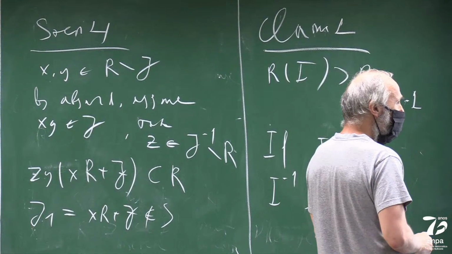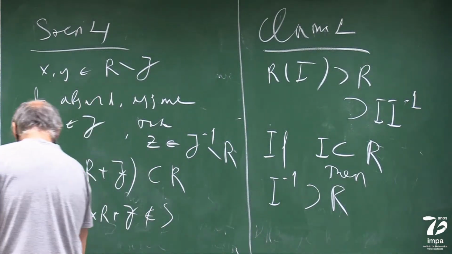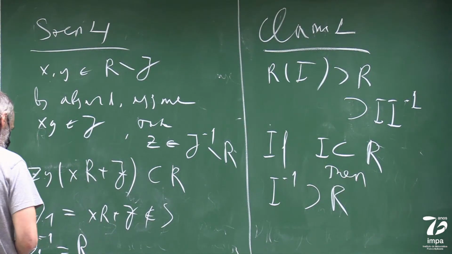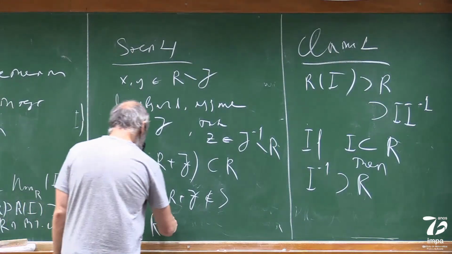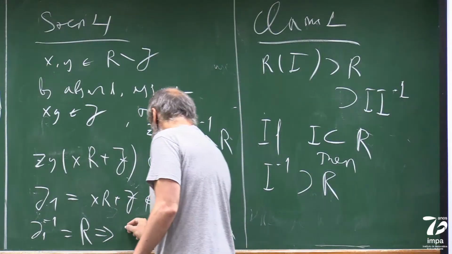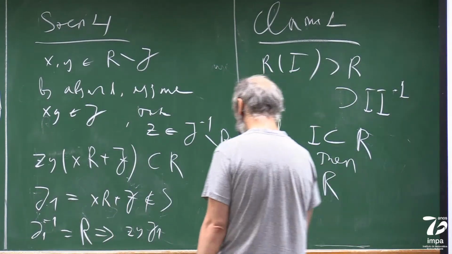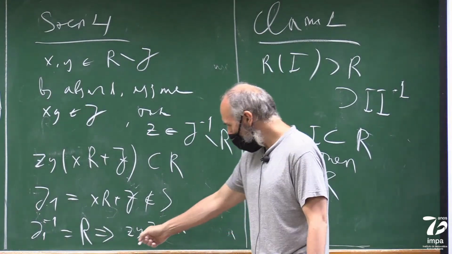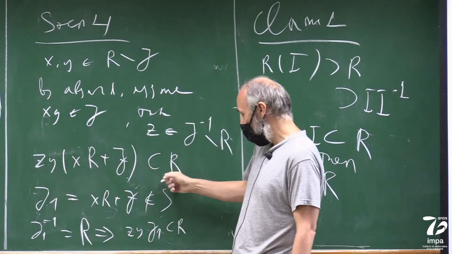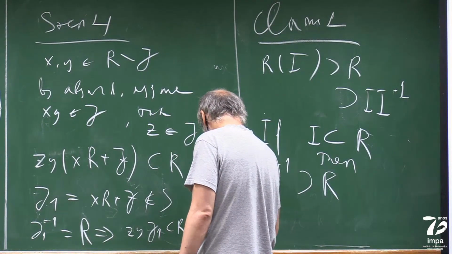Then this means that J1 inverse is equal to R. And this implies that Zy J1 is in R. And we have Zy J1 in R, this we have. This implies that Zy belongs to R.